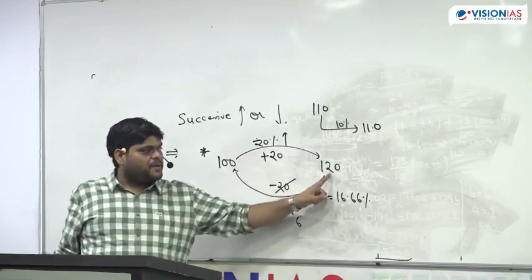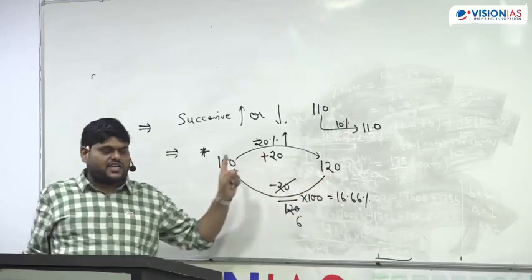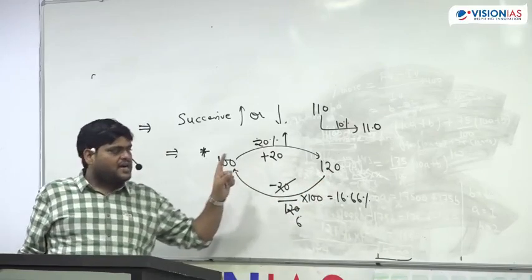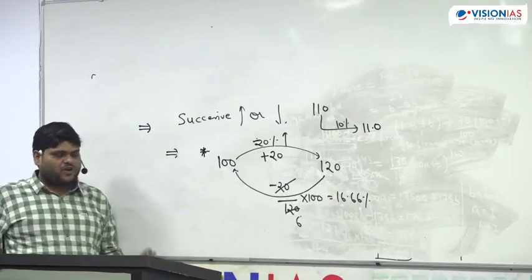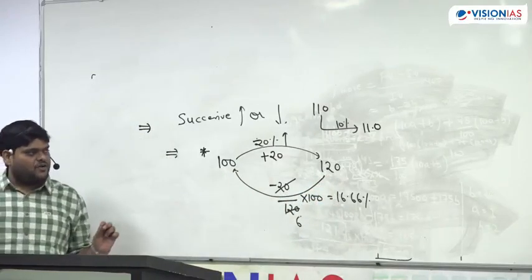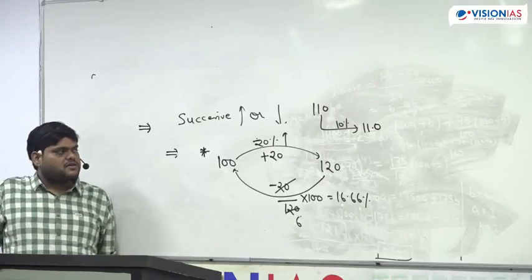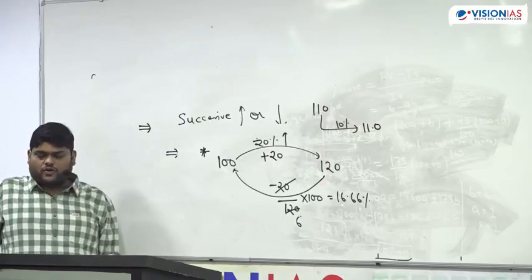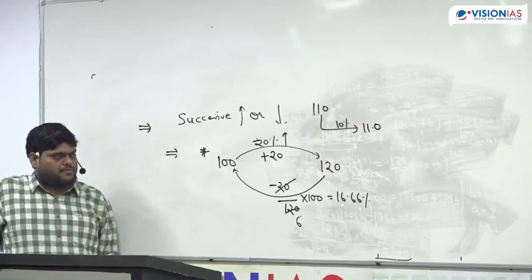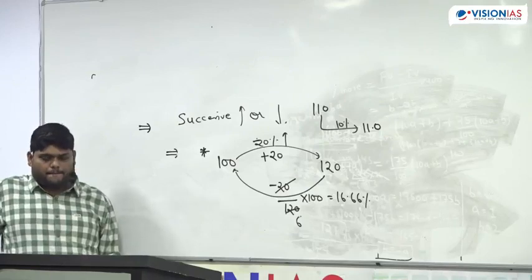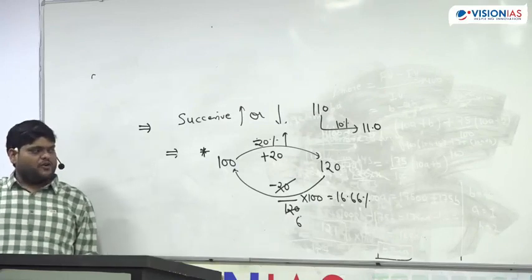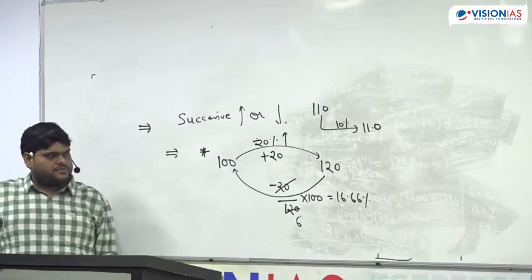Because the base value is changing. Initially the base value was 100, now the base value becomes 120. If you have a doubt, you can ask right now. Otherwise, I will give you one question here.